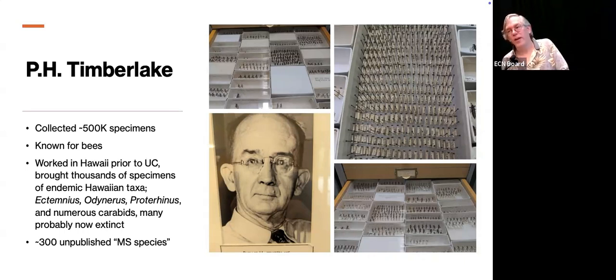We had 150 species that Timberlake had set aside as new, and it turned out that 50 of them were synonyms. 50 of them were things that somebody else described since Timberlake figured out that it was new. So they were all new species, but they had been given names in the intervening years. And 50 of them were still things that nobody had ever seen before and were still new taxa. So Timberlake also had a really good eye for when something was new or not.